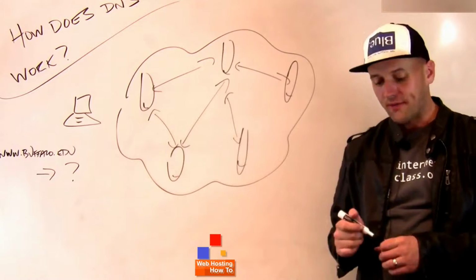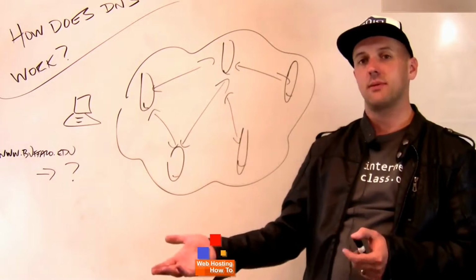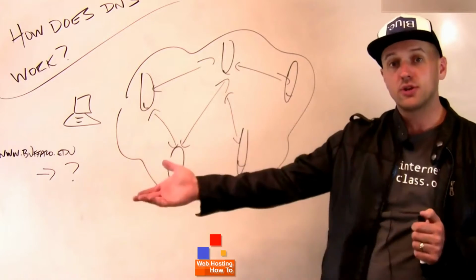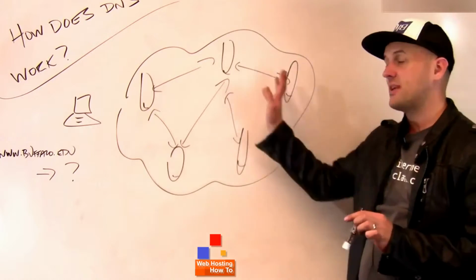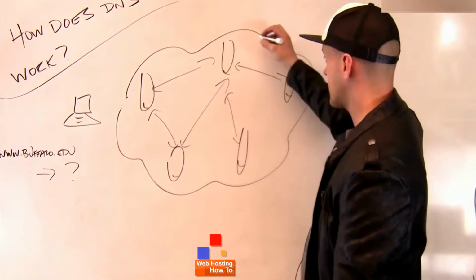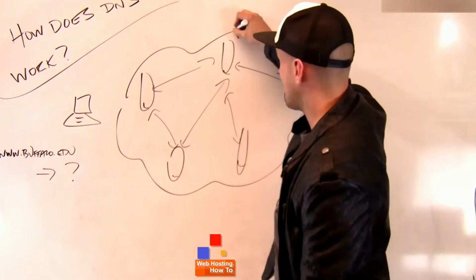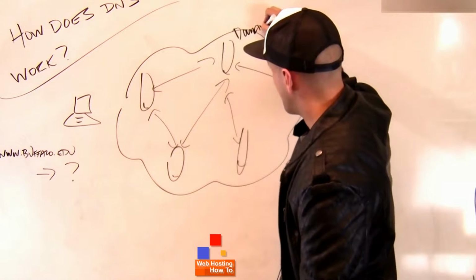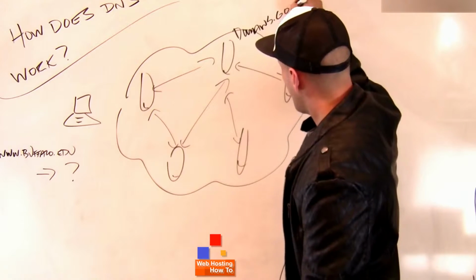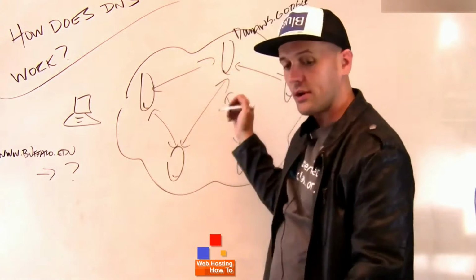So you might ask, if I change a domain online, let's say I take www.internetclass.org and I want to point it to a different IP address, how does everybody find out about that? Well, the first thing I do is I'm going to change it on the server that's the authoritative server for this. So in this case, it would be some sort of domains.google server. And then what's going to happen is over time, that change is going to propagate.